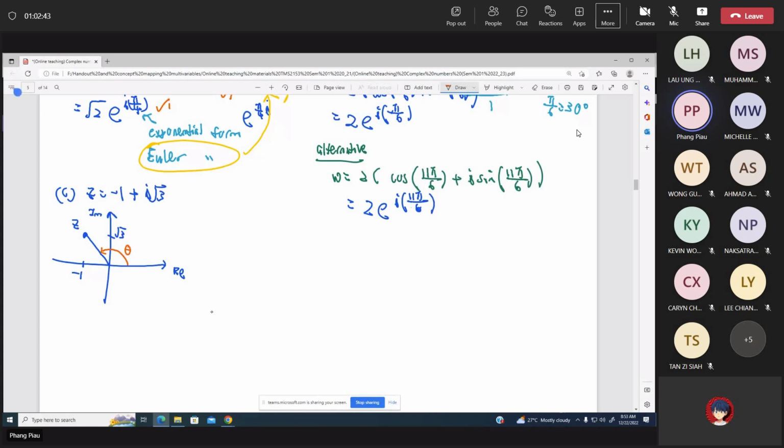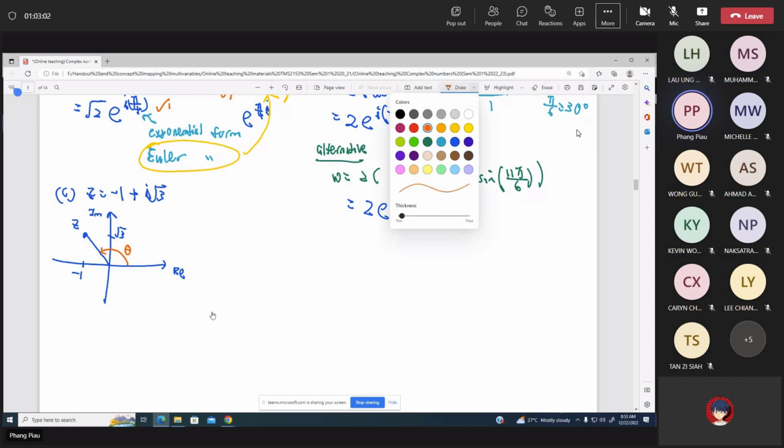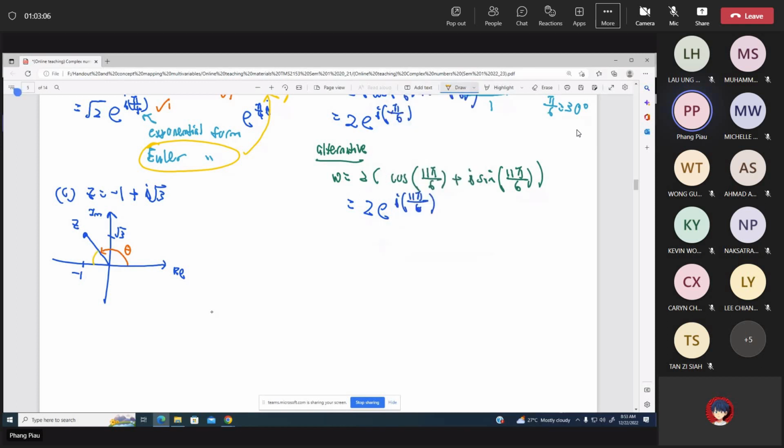I highlight using red color. Hopefully you use your red color as well. What you can find by using trigonometry is this part, where you simply call it alpha. Of course, you can use any alphabet you like.